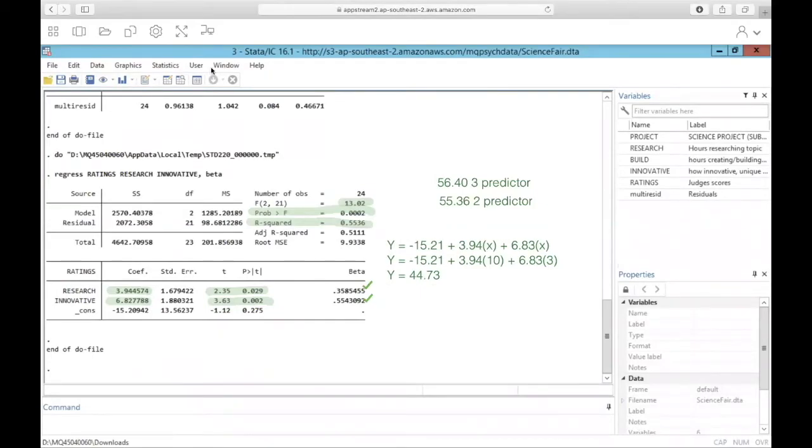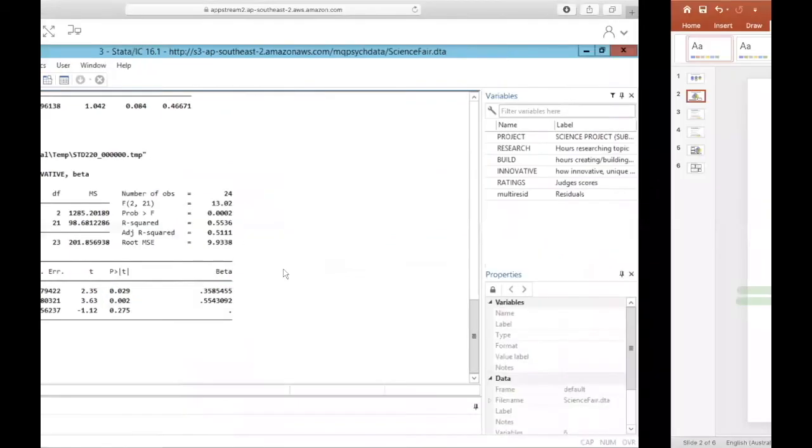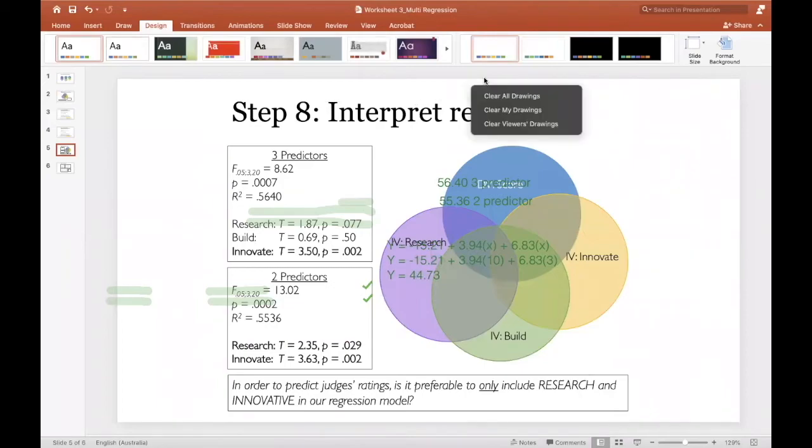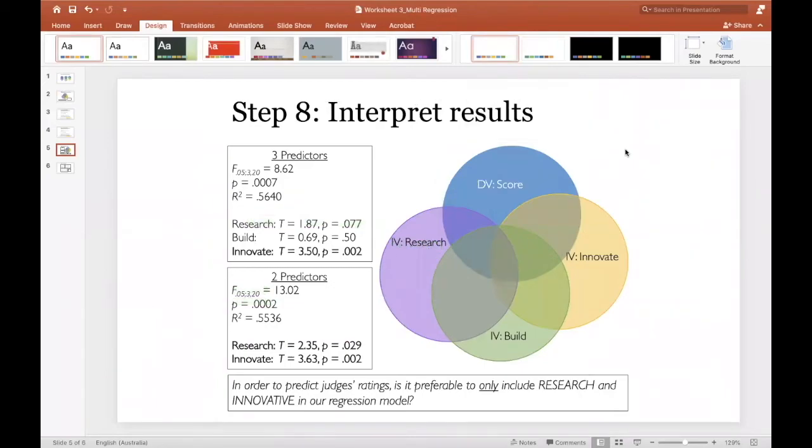All right, so the final step, step 8, is to actually interpret our results. So let's consider which model was best. You probably already have a sense of that based on what I've said, but let's still go ahead and compare each model.